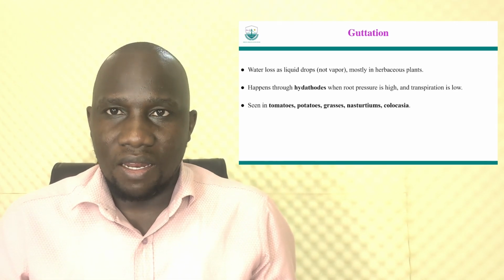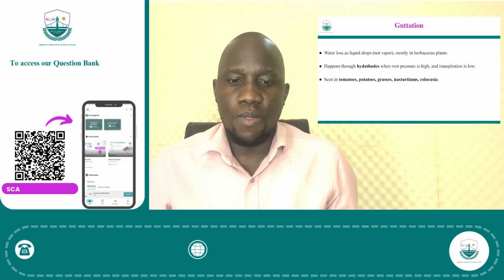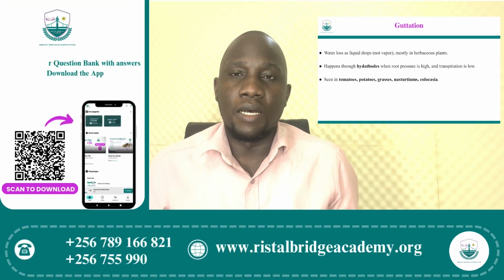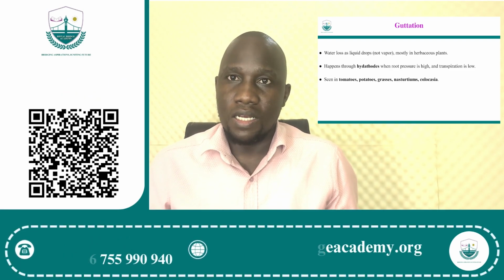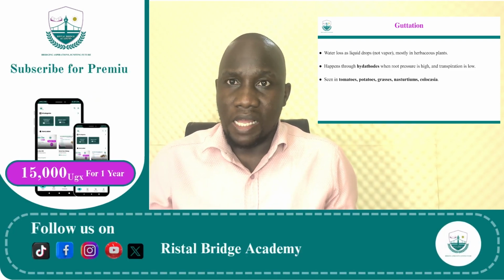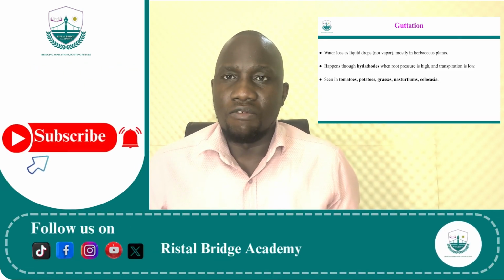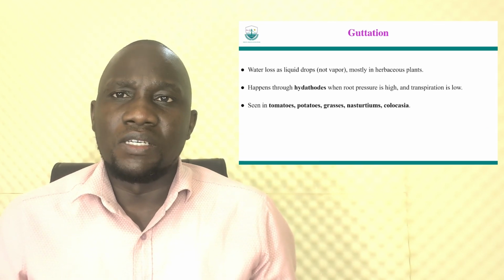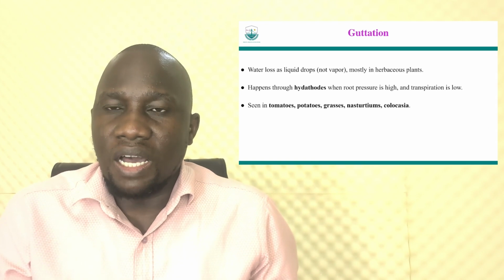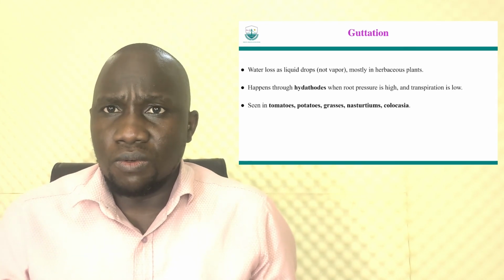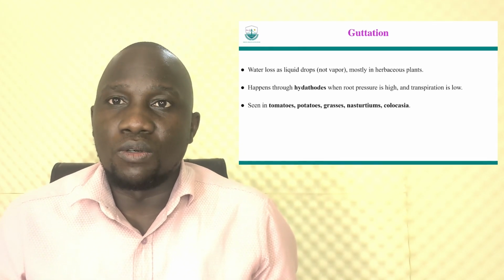Guttation is another mechanism through which water is lost in the form of water droplets, coming out of mainly herbaceous plants. If you have ever woken up in the morning and seen a stem oozing out water, and that stem is not losing water because it has been cut, that water is coming out of the plant.